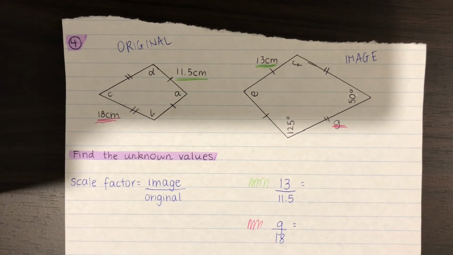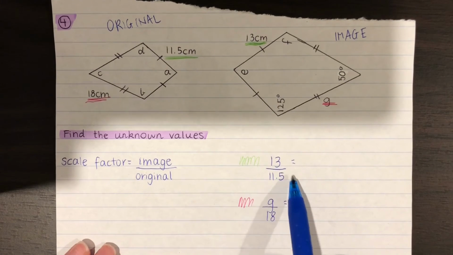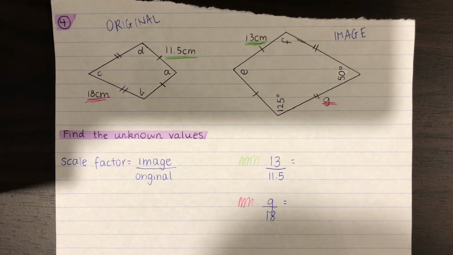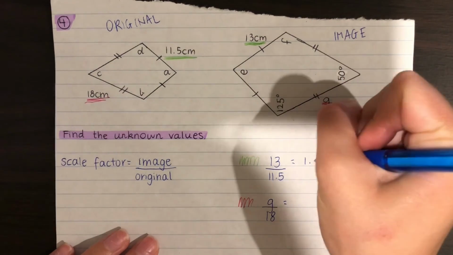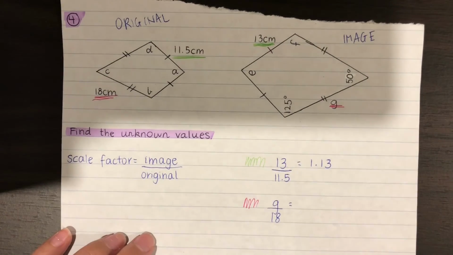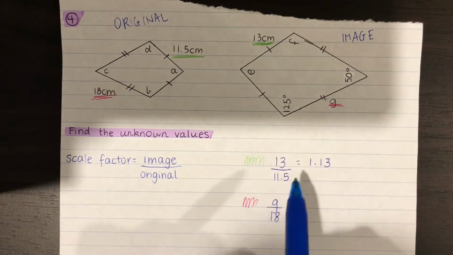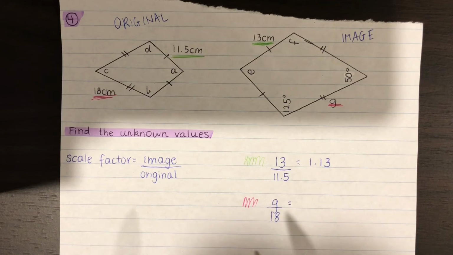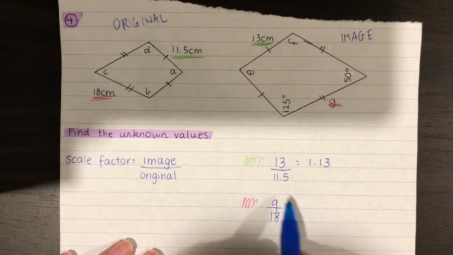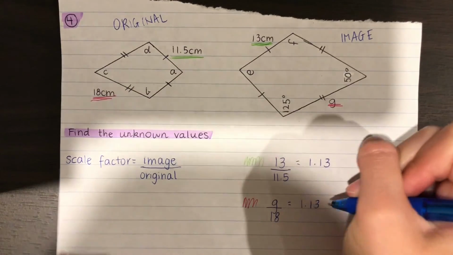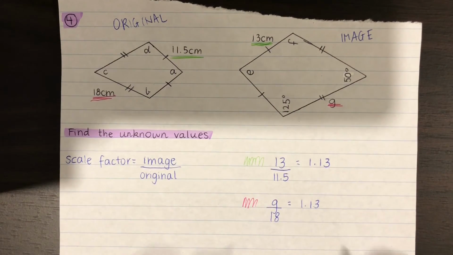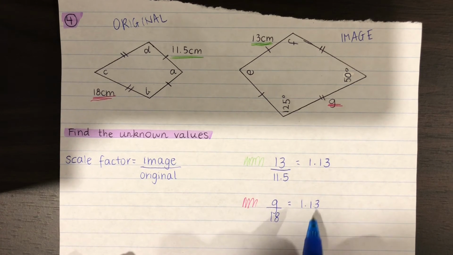Okay, so now we have to find out what 13 divided by 11.5 is, and that equals 1.13. Because these kites are similar, the scale factors must equal the same thing. So whatever this is, it must equal 1.13. Now, remember, when your unknown is at the top, you must multiply whatever's down the bottom by the answer.